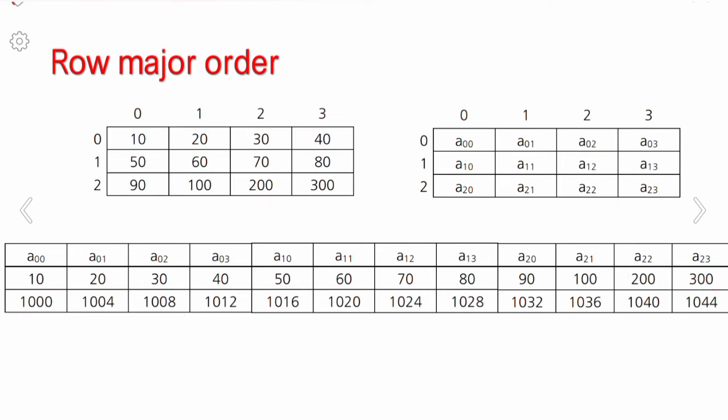In this manner we consider the values 10, 20, 30, 40 and 50, 60, 70, 80, 90 up to 300. The data will be inserted into memory in this format, and since we are using integer numbers each will occupy 4 bytes of memory. Now let us see how to solve this using the formula.